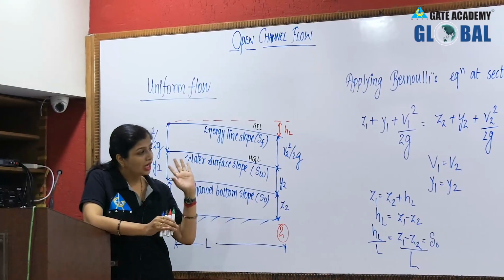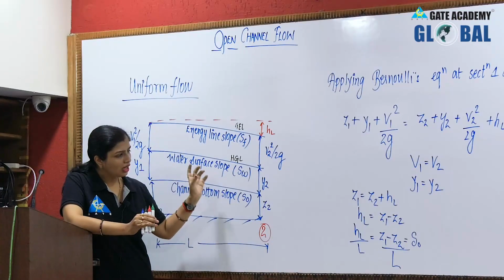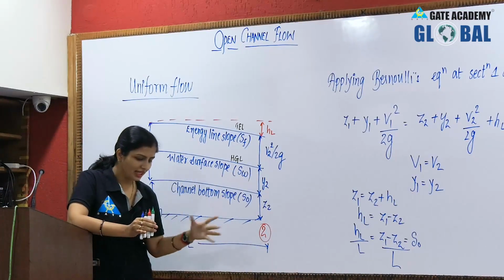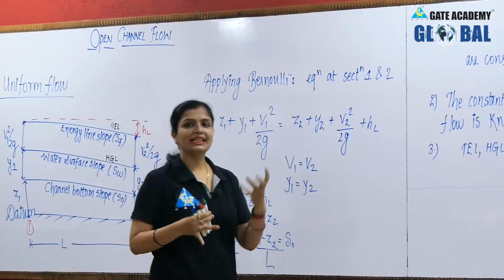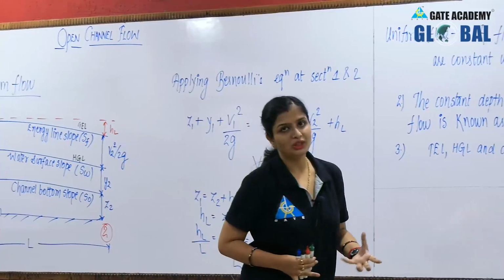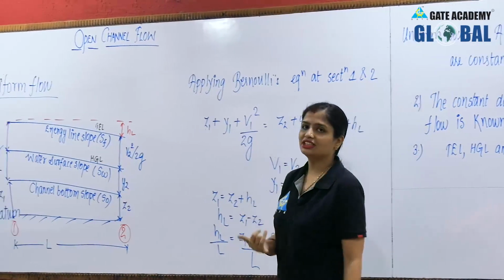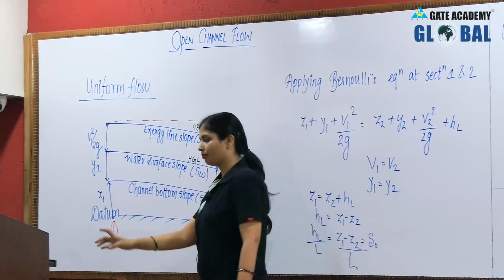So these were the characteristics of uniform flow. Now, you got the slope here. What am I interested in getting in uniform flow, because this was the theoretical part which we dealt with? Is it discharge, or velocity? Come on, tell me fast.